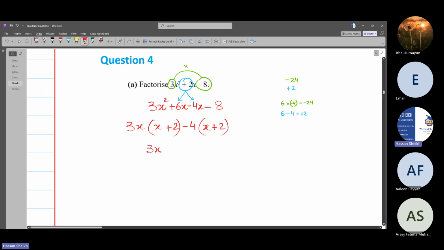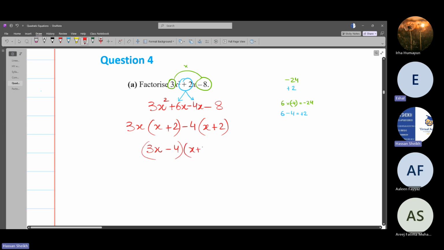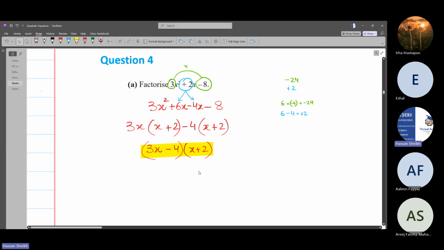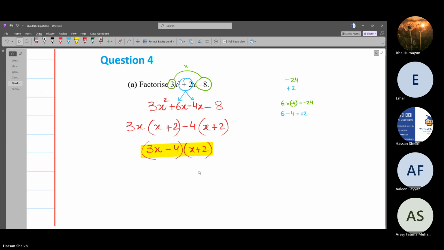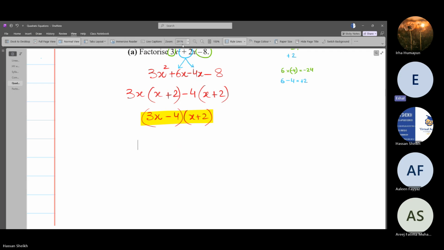There is a negative sign outside the bracket, so the sign must change inside the bracket. If you have any doubt, let me know. I'll explain it again. No doubt? Sure.